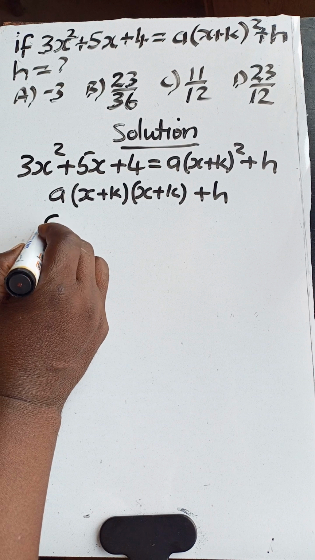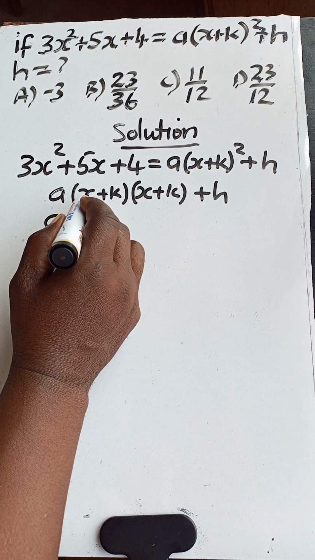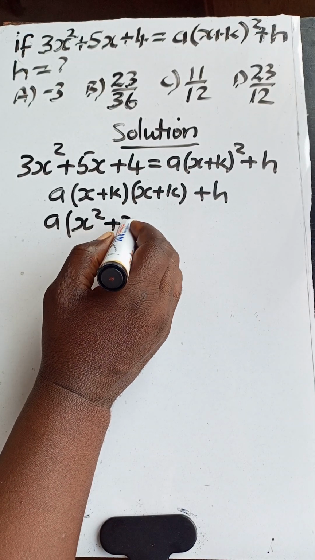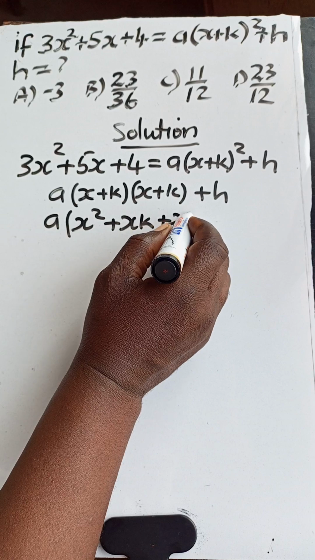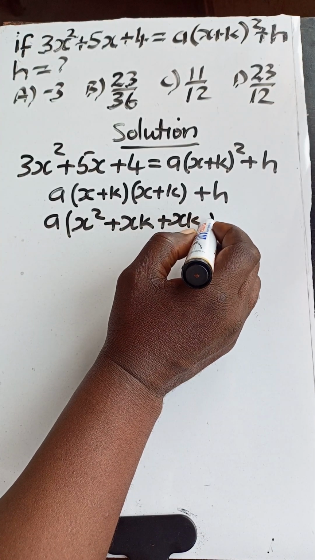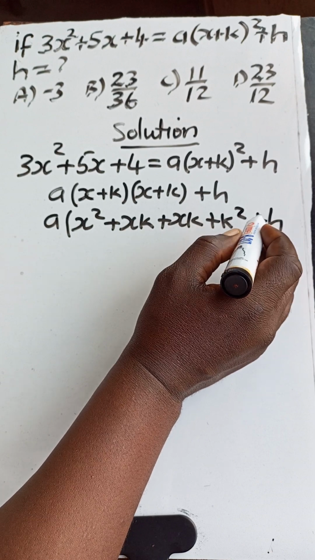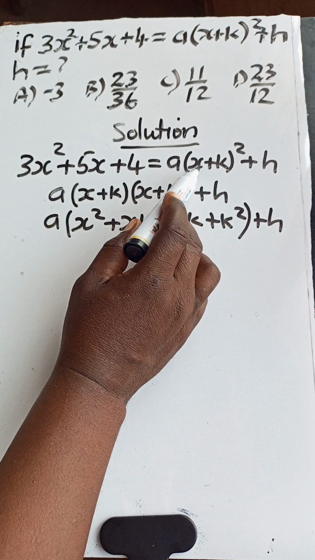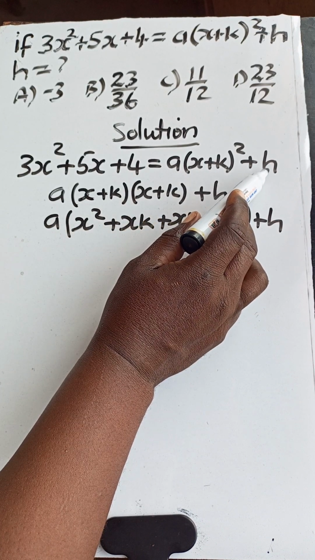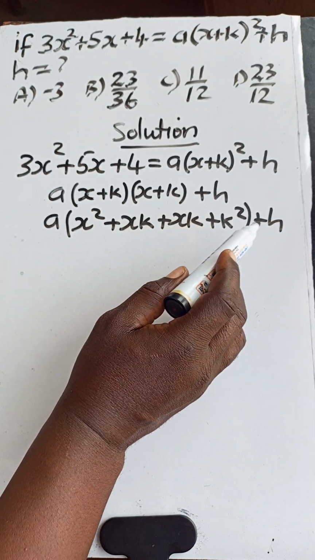That means we have a into x multiplied by x, which is x squared, x multiplied by k, xk, k multiplied by x is the same thing, xk, k multiplied by k is k squared, and then plus h. Remember, a is multiplied by this expansion, not by h. So we put the brackets here and here, not there.